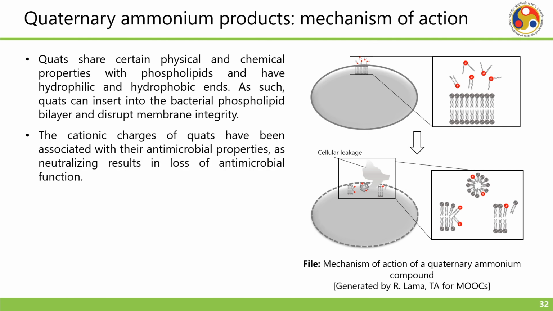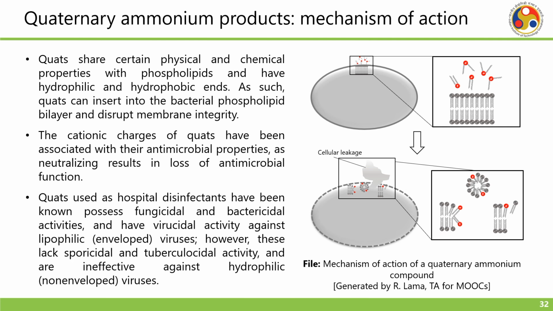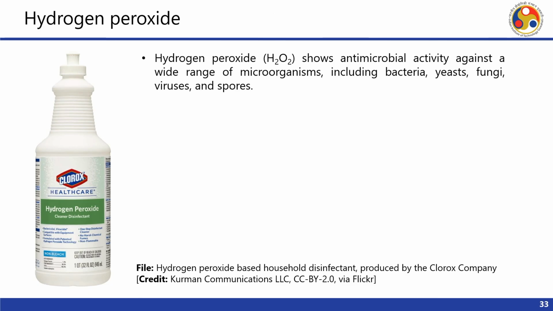The cationic charges of QUATs have been associated with the antimicrobial properties, as neutralizing results in loss of antimicrobial function. QUATs used as hospital disinfectants have been known to possess fungicidal and bactericidal activities and have virucidal activity against lipophilic viruses. However, these lack sporicidal and tuberculocidal activities and are ineffective against hydrophilic non-enveloped viruses.